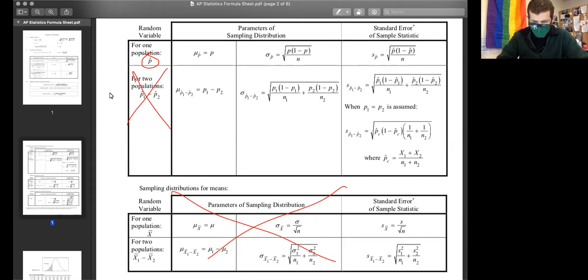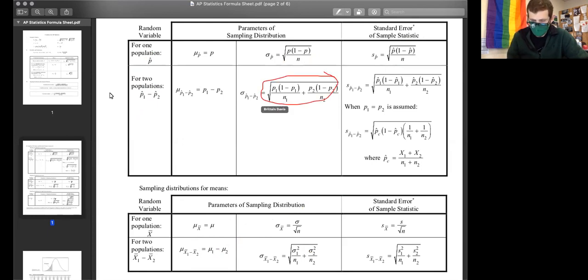Look at the difference between this and this. We're either using p hat on the right or p. The difference being, this is our sample proportion. This is the population proportion. So it's essentially the same formula, and we'll talk about why we would use one versus the other. But notice all of these are essentially the same thing.